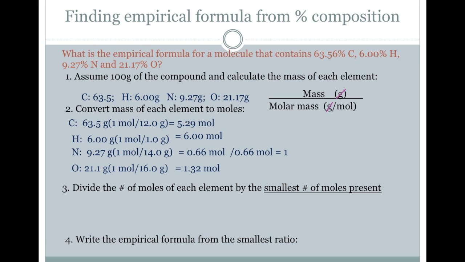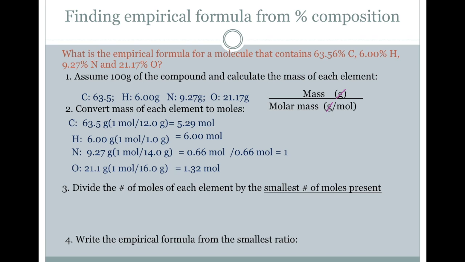So the next thing we're going to do is the same as we did before. We're going to divide the number of moles of each element by the smallest number of moles present. If we look at this, there are fewer moles of nitrogen than anything else. So this indicates that there's less nitrogen than the other atoms, but we need to figure out exactly how much less in a whole number ratio.